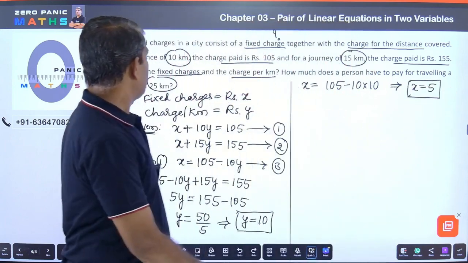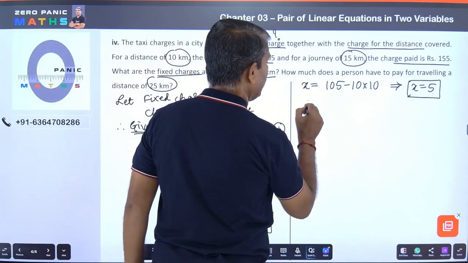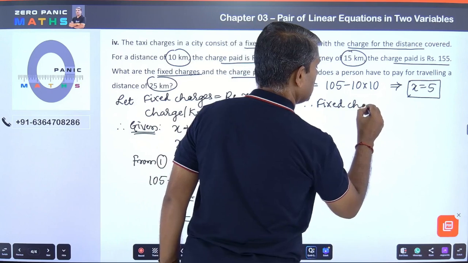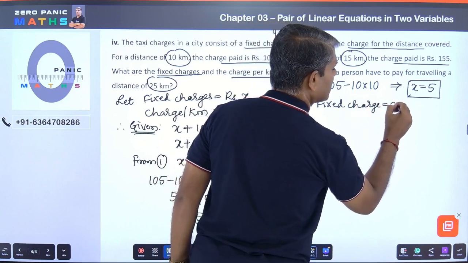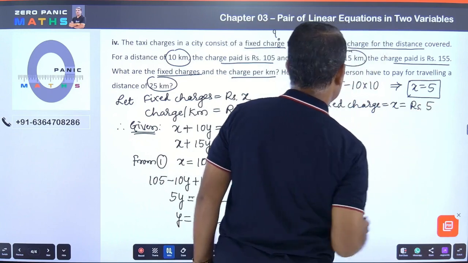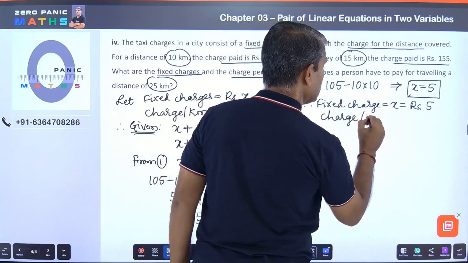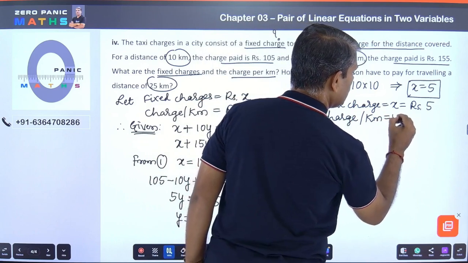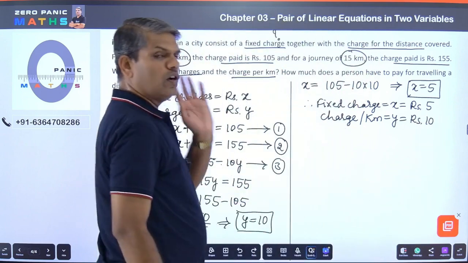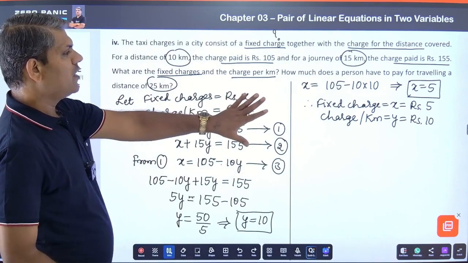So x, which we started as a fixed charge, therefore fixed charge is equal to x is equal to rupees 5. And charge per kilometer is equal to y is equal to rupees 10. So rupees 10 is the charge per kilometer. Now the first part is completed.